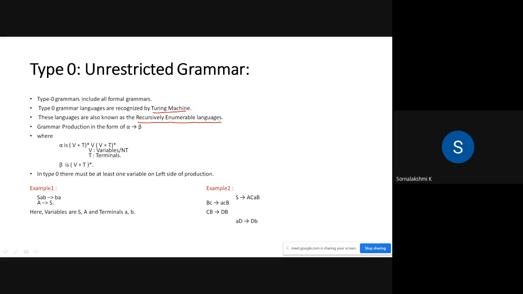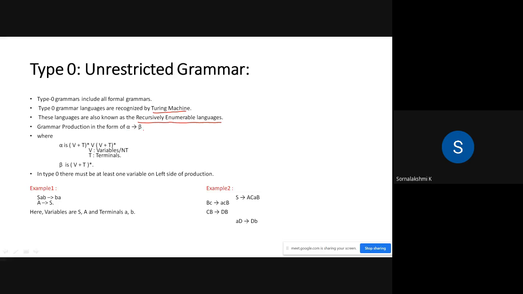We learn extensively about this when we study Turing machines in the 4th unit. For now, we don't know much about recursively enumerable languages or Turing machines, but we know this classification is based on the production rule, so we'll concentrate more on the production rule format.